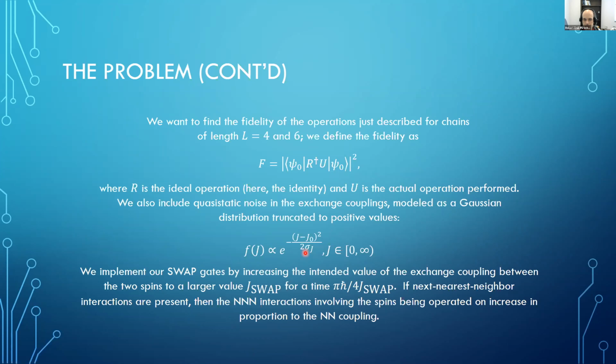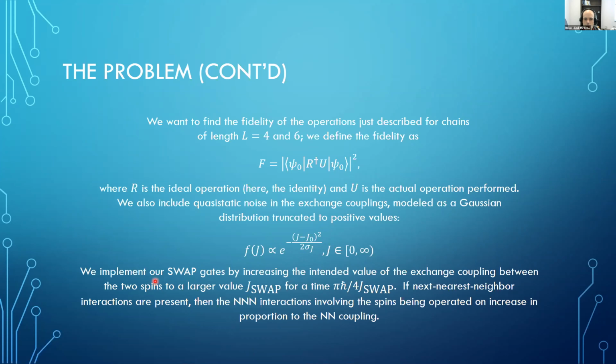This has a standard deviation of sigma J, which I'm going to be calling the strength of the disorder, and J naught is the intended value of the exchange coupling. So this is without the effects of noise.